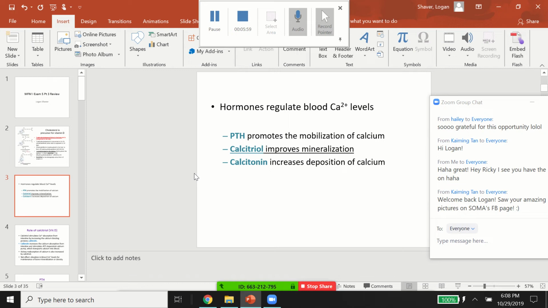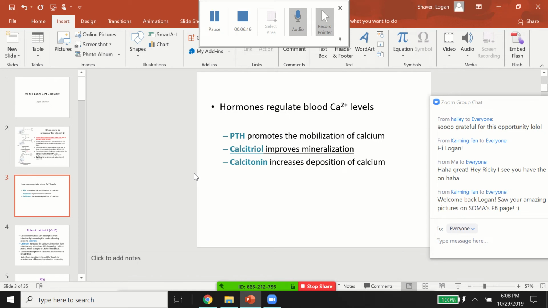Okay. Calcitriol. Vitamin D is the easier way for me to think about it because they tend to refer to it as vitamin D outside of this class. Calcitriol improves mineralization.